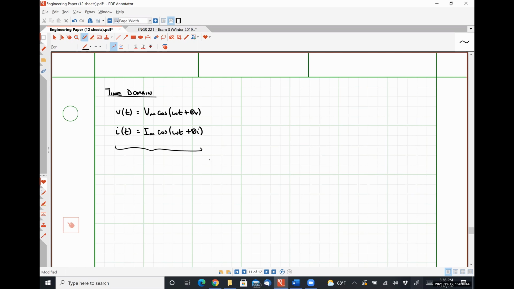We pretty much only use the time domain to calculate our instantaneous power P of t. That's pretty much it. And you don't even have to do it in the time domain technically.